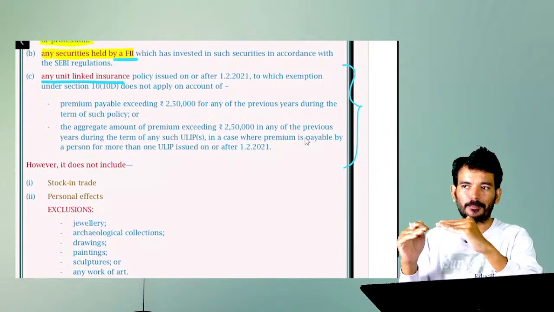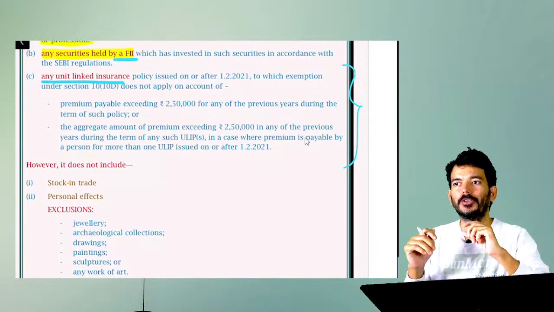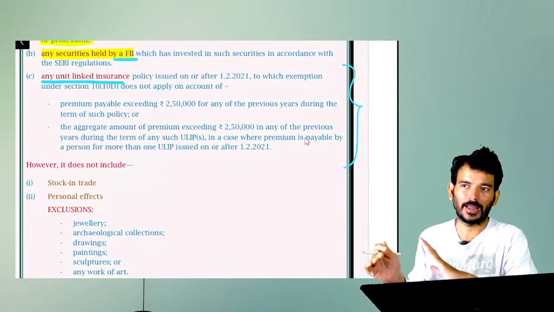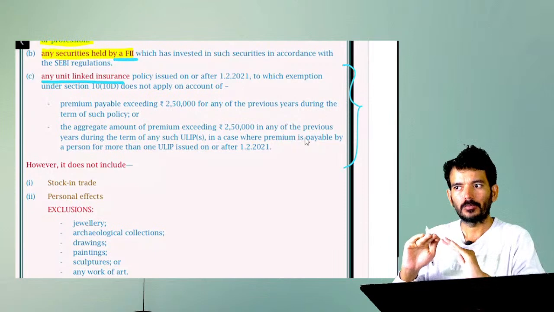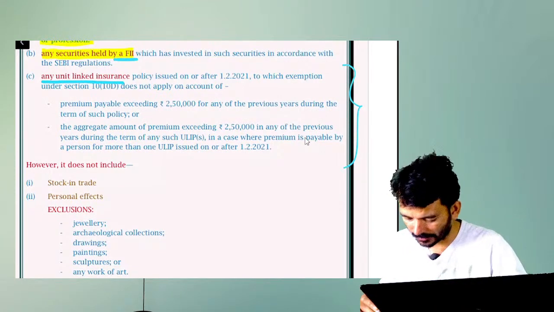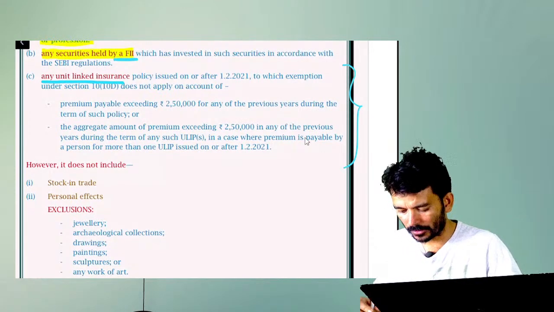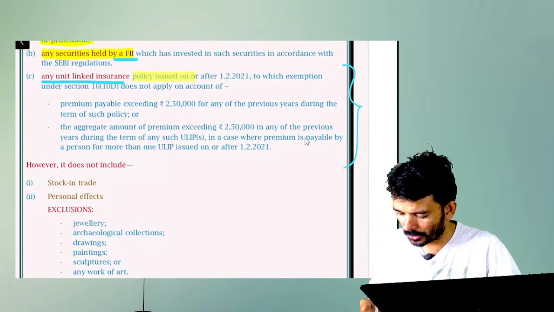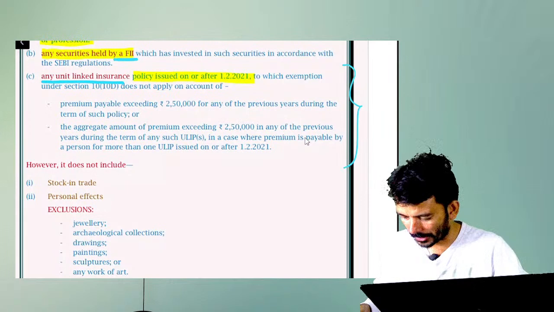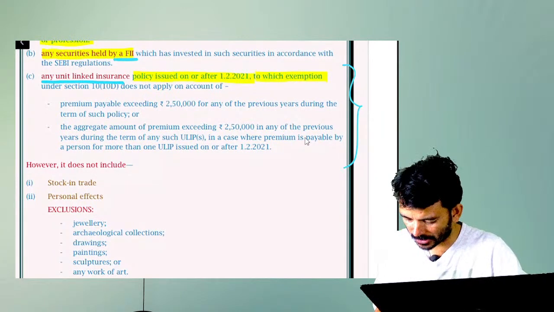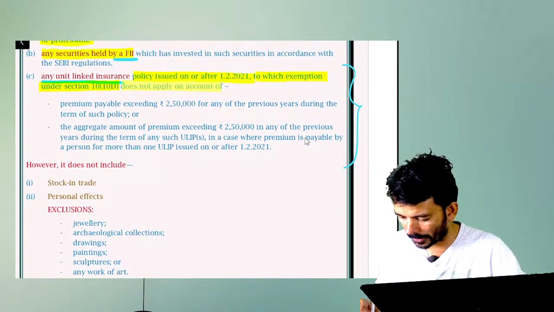We will give a cap. If you are contributing more than 2.5 lakh, only up to 2.5 lakh is exempt. More than that it is taxable. So that is why any unit linked insurance policy issued on or after 1st Feb 2021, to which exemption under section 10(10D) does not apply on account of this cap, is a capital asset.